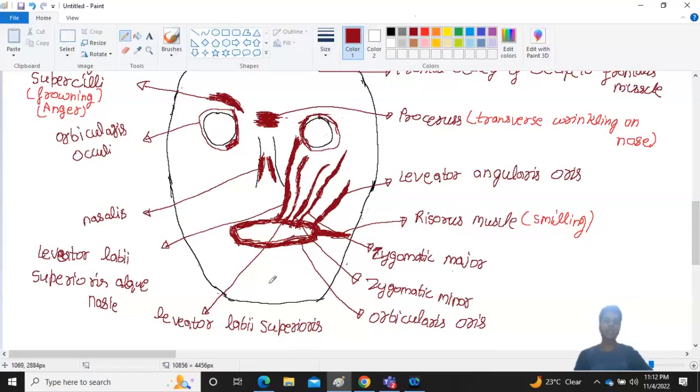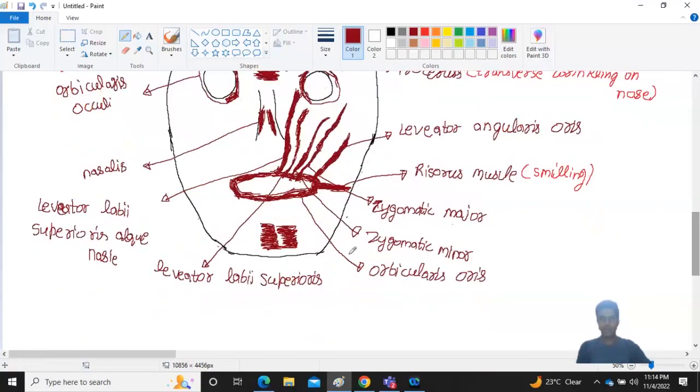This is the mandible region, and here is the ligament called symphysis menti which helps in joining the two mandibular parts. So here is a muscle on the symphysis menti.